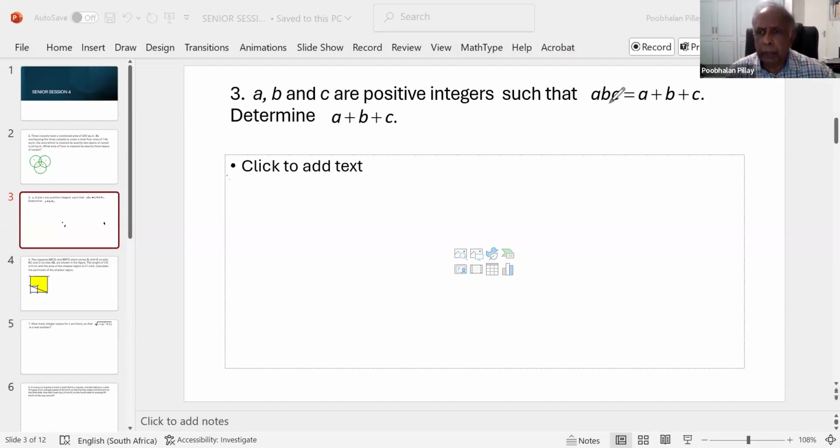If you put in place of A, B, C, I'll put B, C, A. Then A is B, B is C, and C is A. So you get B plus C plus A, which is the same thing. Now, why do you say all that? Because in this particular problem, I'd like to assume that A is less than or equal to B, less than or equal to C. Right.